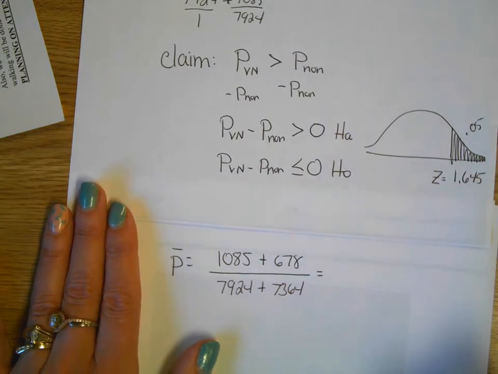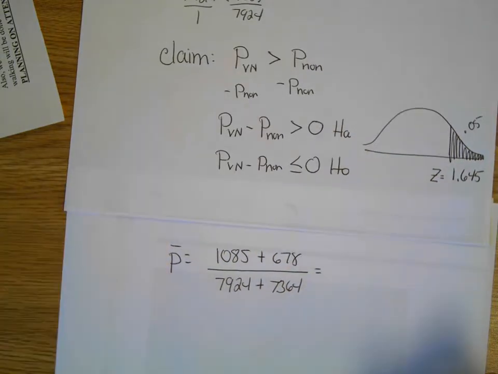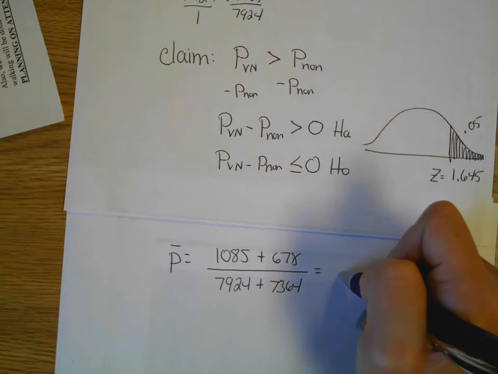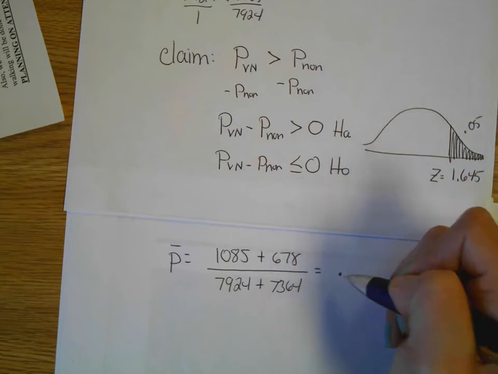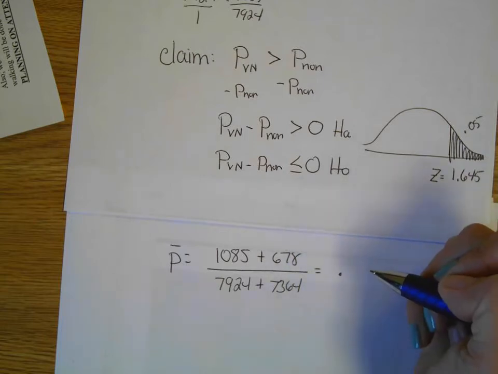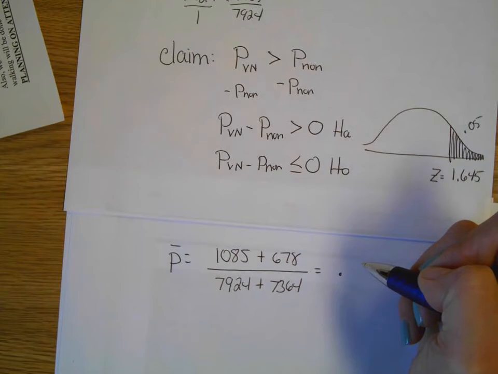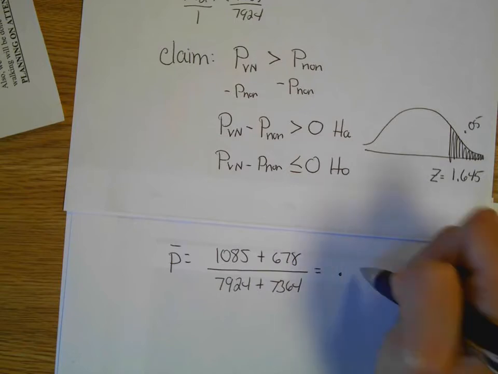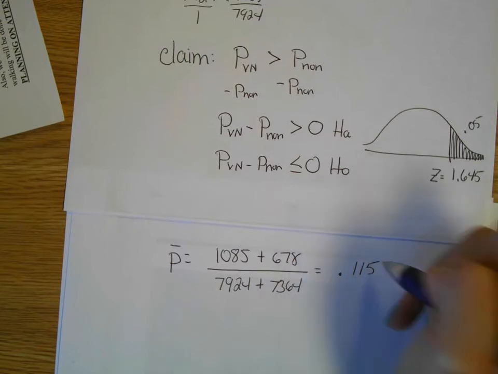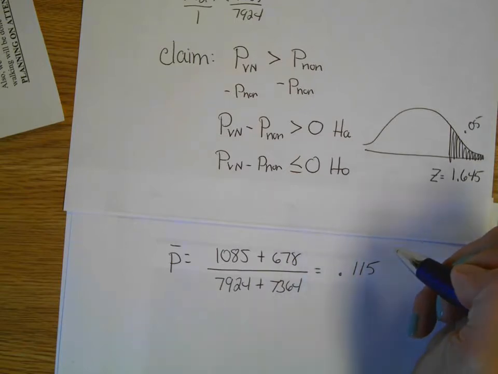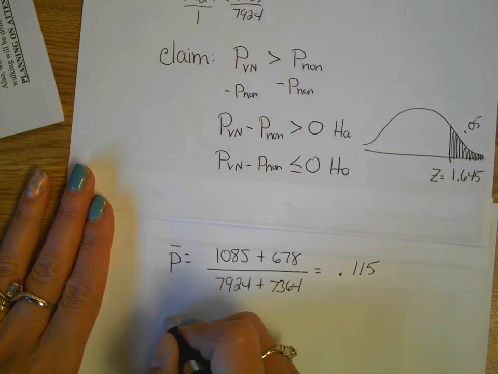And if you want to go with a decimal here, that'd be fine. Let's go 3 places on the decimal. It'll make your life a little easier to go into decimals and keep them in fractions. 115.